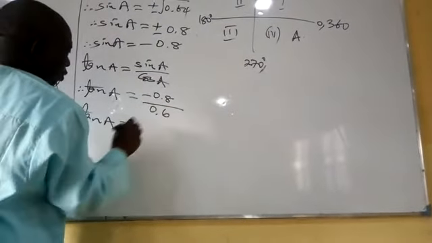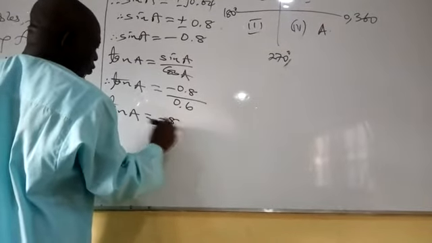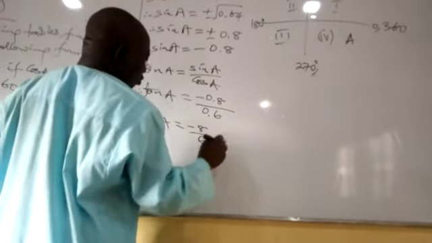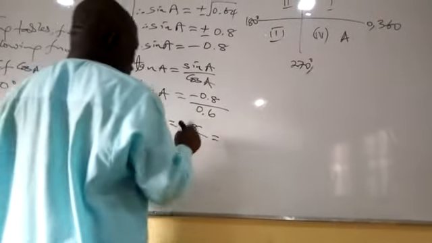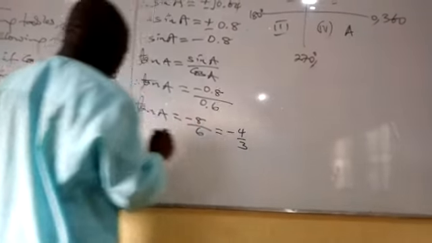If I shift the decimal point, I'm going to have minus 8 over 6. That will be minus 4 over 3.